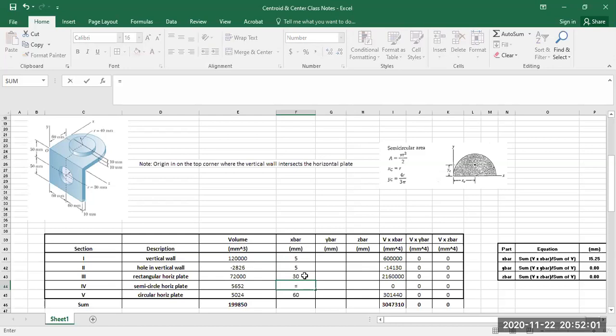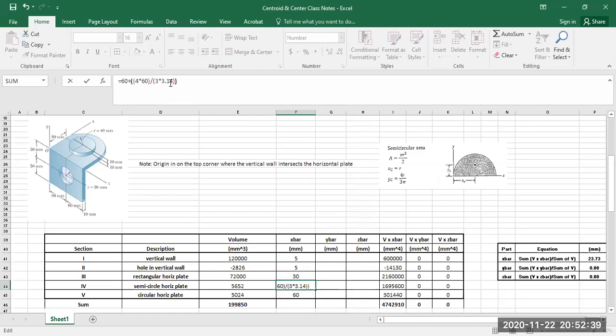It equals 60 plus, in parentheses, 4r, and the radius is 60, divided by 3 times 3.14.